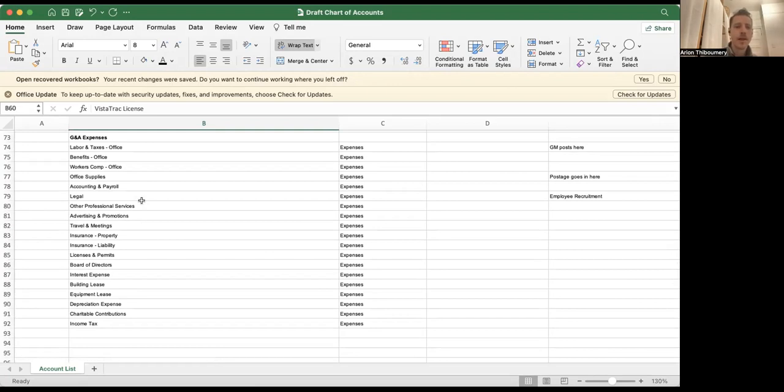This is a list that I always could see at least one or two more accounts that I could pare down, but that is a little bit of how I think about the construction of the chart of accounts. And I like to look at 3 months rolling when we close the books so that we can see here's where the expenses are.